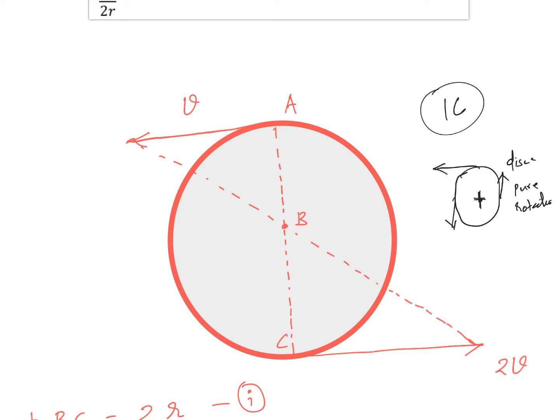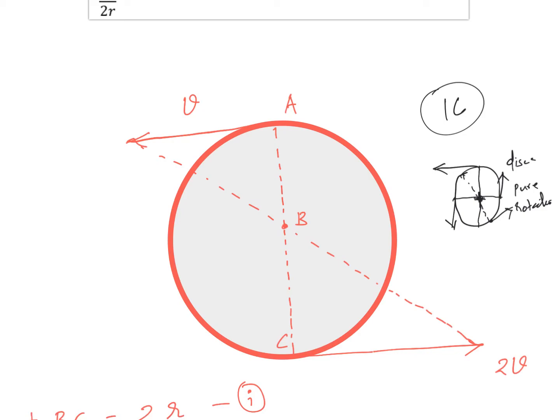Now you can see that the instantaneous center, or the center of rotation, always falls on a line normal to the velocity vector, isn't it? If I have a velocity vector like this for this point, I draw a normal to it, and my instantaneous center falls on that line.